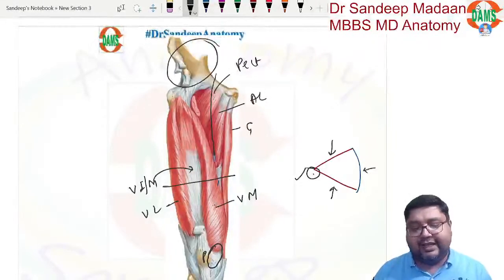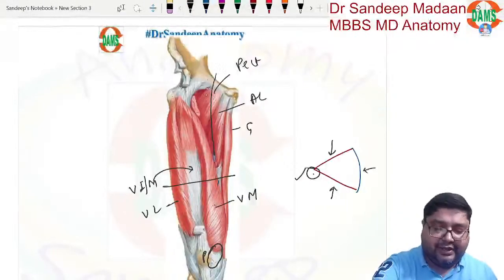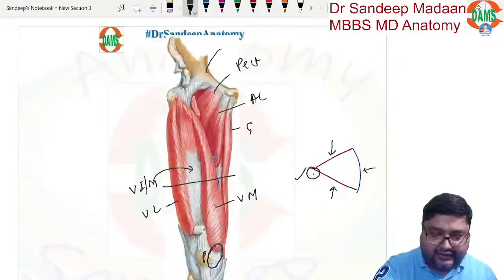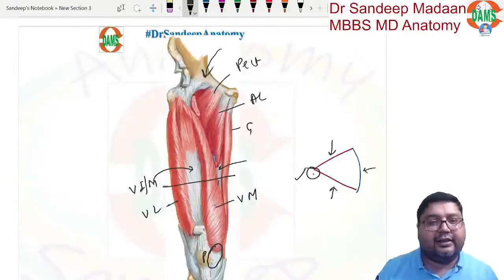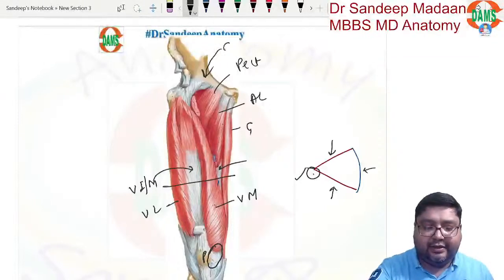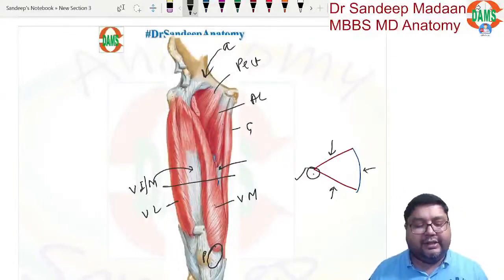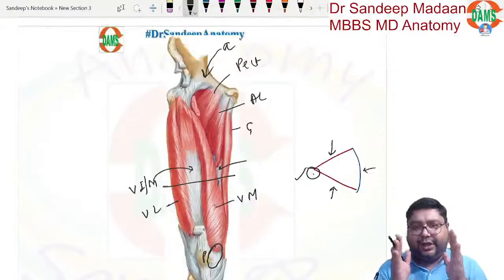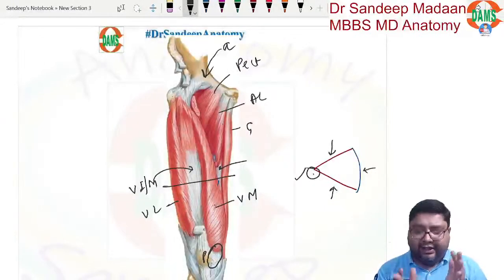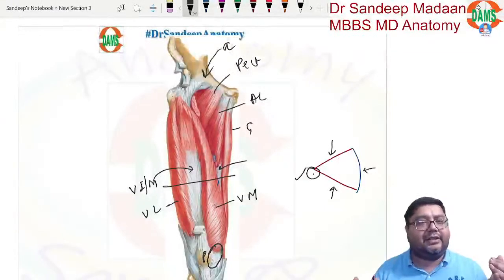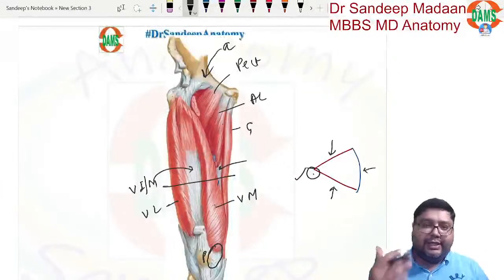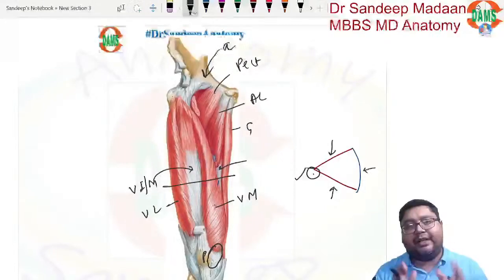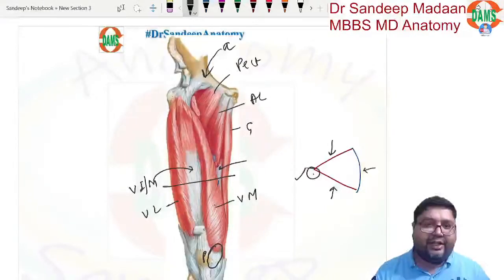So what is the site where you will choose to go for the femoral artery ligation? Now let me show you. One of the sites is the femoral triangle, another site is the adductor canal. If you choose here point A, that is the femoral triangle, then you have to do meticulous dissection, and in a very small space lots of structures are there which we have already seen. So it is more tedious dissection and there are very high chances of injury to the nearby structures.